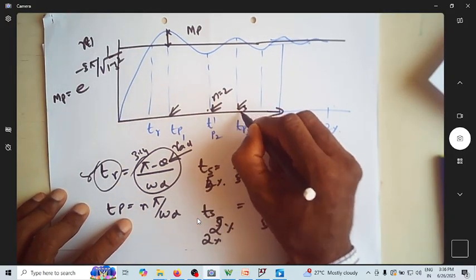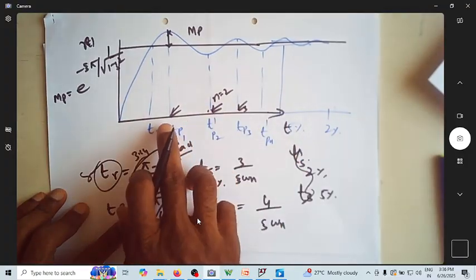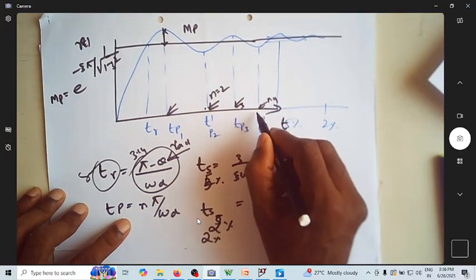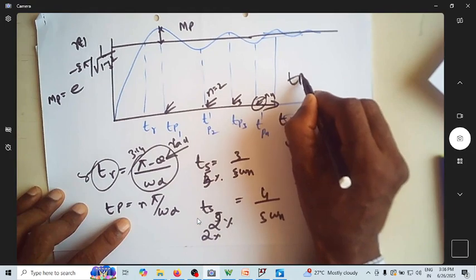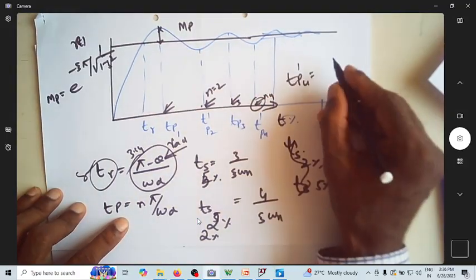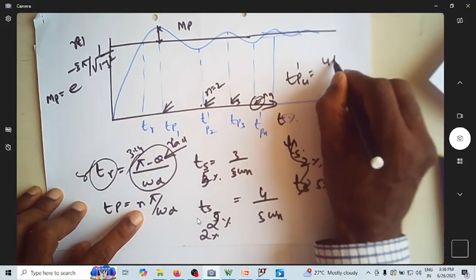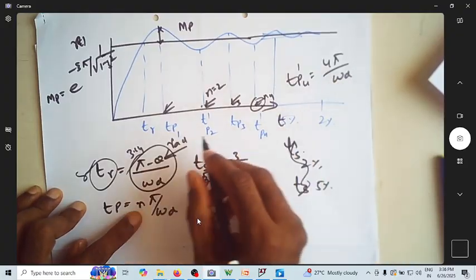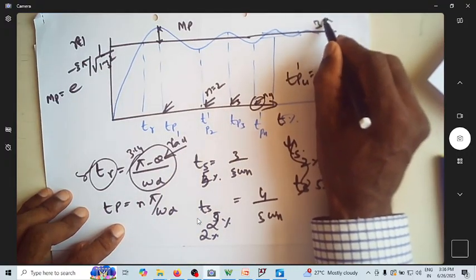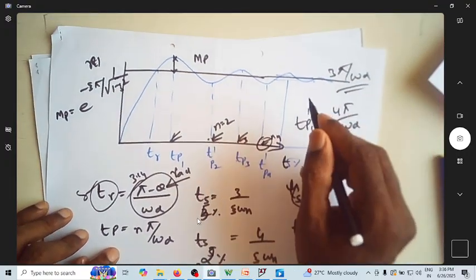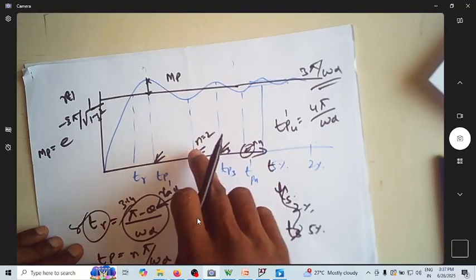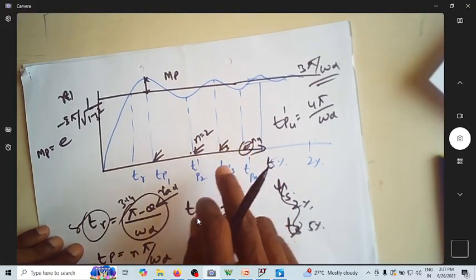For n equal to 3, you'll get this, and then n is equal to 4. If you want to know what TP dash 4 is, the second minimum, then you have to substitute 4 pi by omega d. If you want to know the second peak, then it is 3 pi by omega d. So this is the first one, then this is second, and this is third, fourth.